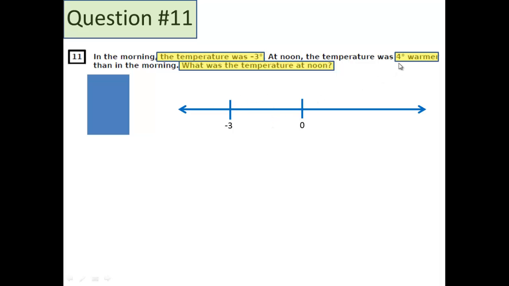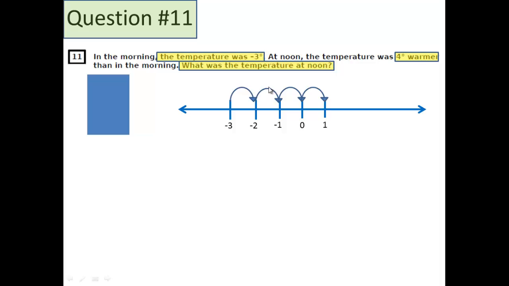Now it tells you how many times to move to the right. 4 degrees warmer just means 4 units to the right. So let's go. That's 1 unit to the right. That'll get you to -2. Another unit to the right will get you to -1. 3 units get you to 0. And 4 units get you to 1.